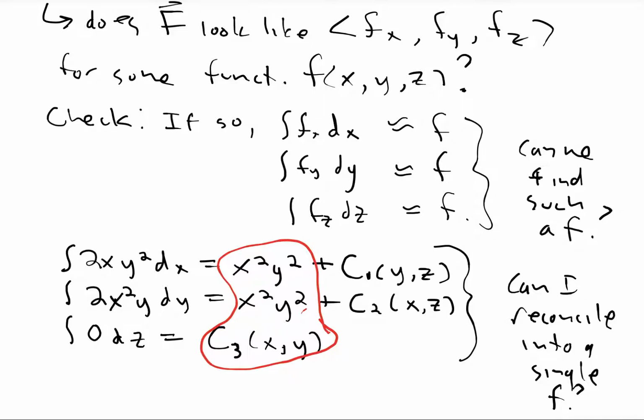I've got an x squared y squared that appears in both of these. That's pretty encouraging that we can pull an f out of this. And then I have this ambiguous, arbitrary function of x and y. Okay, whatever, sure. Let C3 be this x squared y squared function. On the other hand, do I maybe have some sort of other function here on the end?